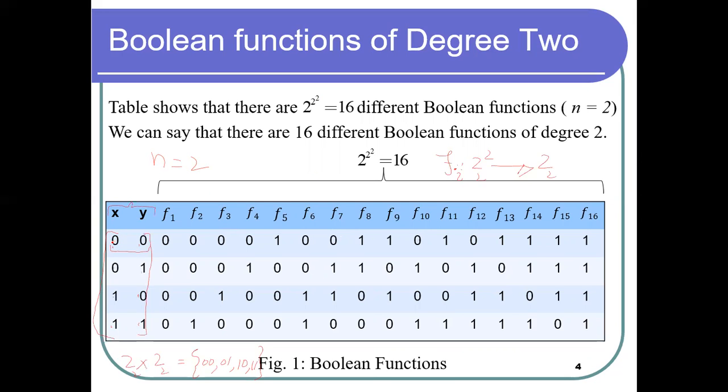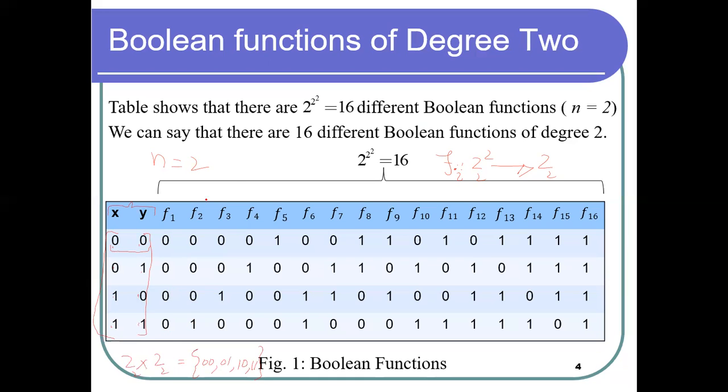If I take a function that takes two inputs, and every input maps to 0, that is, 0 0 maps to 0, 0 1 maps to 0, 1 0 maps to 0, and 1 1 again maps to 0. Now look at f2: 0 0 is 0, 0 1 is again 0, 1 0 is again 0, and 1 1 is 1.